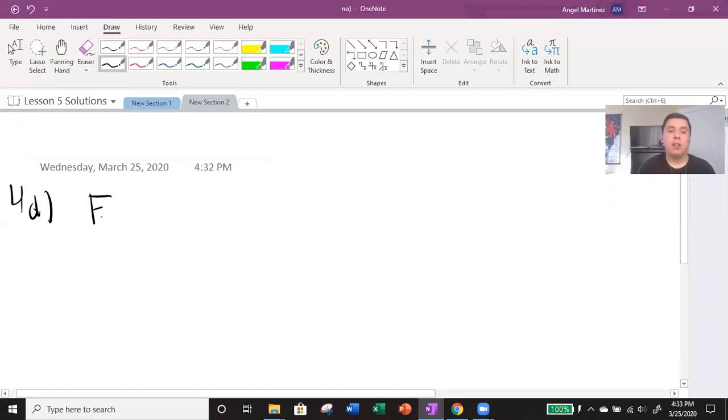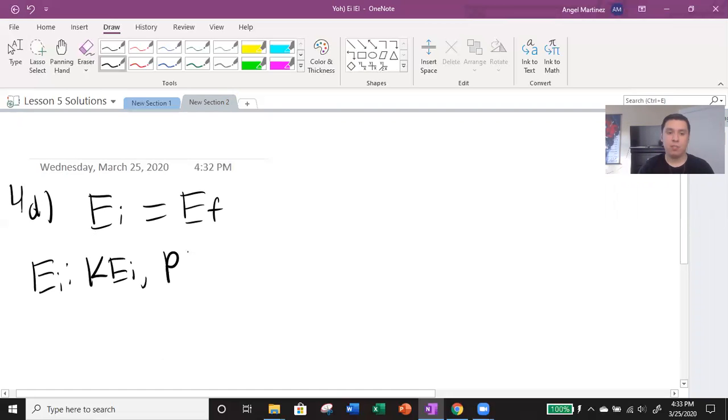So we got to make sure that EI equals EF. So first, what do we know what's in EI? We have kinetic energy, because it's moving, and we have gravitational potential energy. So I'll write it down.